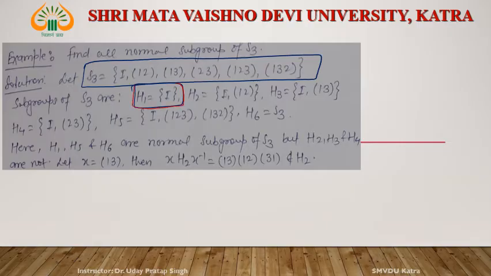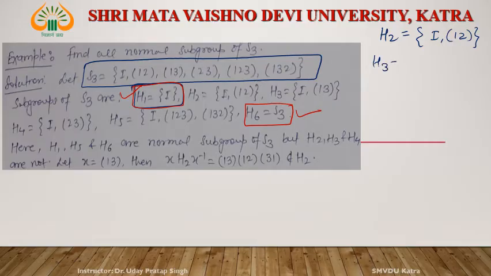And the next one is S3 itself. These two are trivial. Now find out other groups, right? Then the other groups are, what is H2? H2 is equal to identity and (1 2). This is a subgroup. And whether it is normal or not, we will see later.